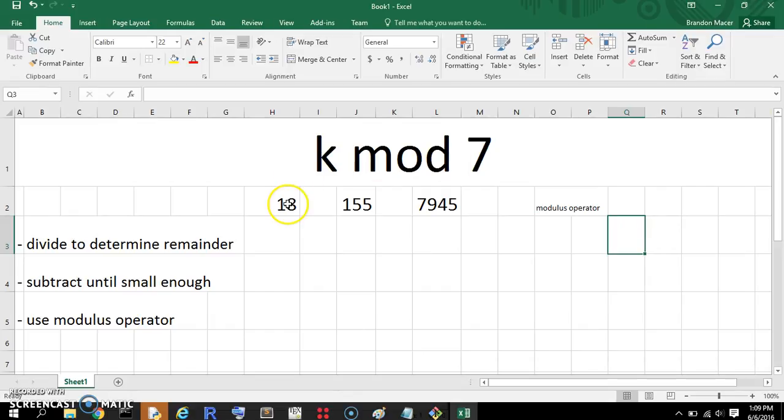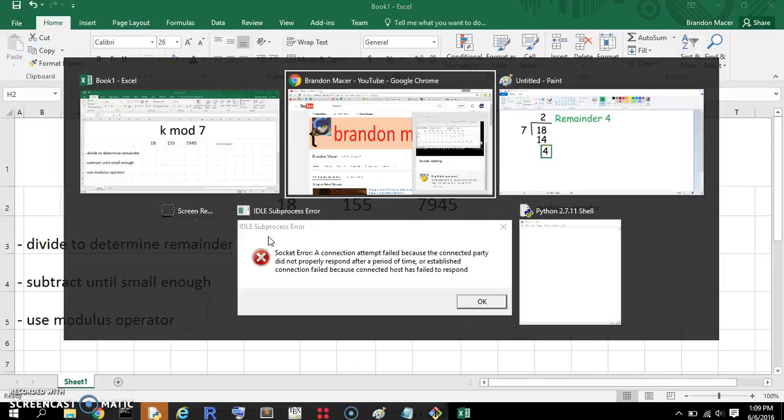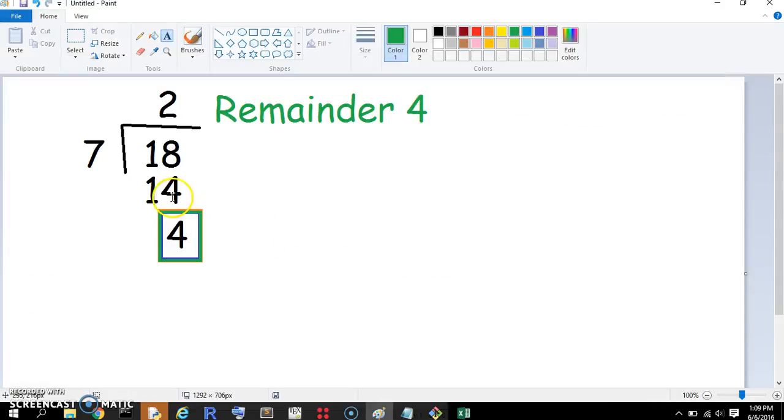So let us calculate 18 divided by 7. 18 divided by 7 is 2 with a remainder of 4. 2 times 7 is 14, remainder 4.